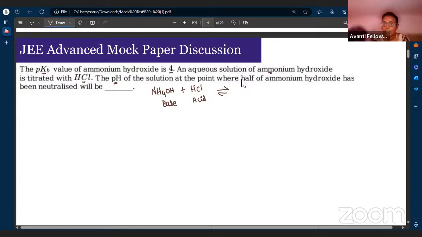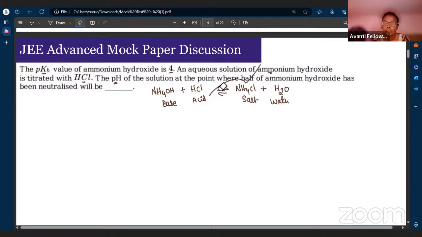Acid plus base gives what? NH4Cl and water, so you'll be getting salt and water. So what type of reaction is it? It is a neutralization reaction.